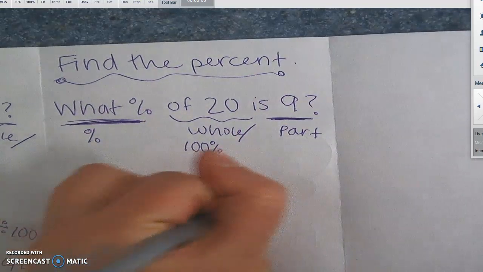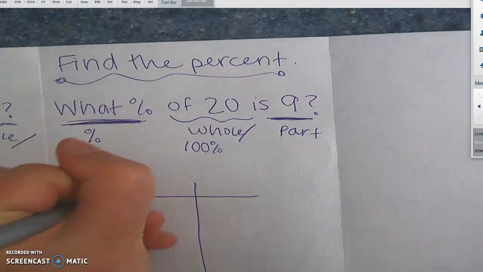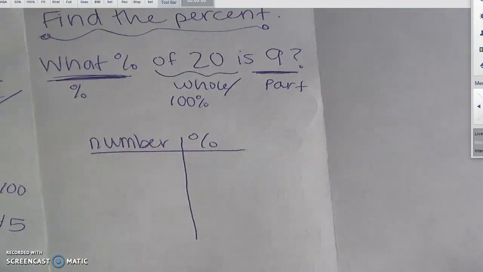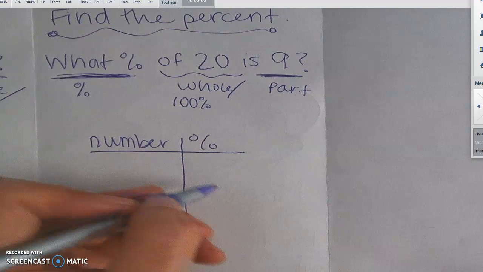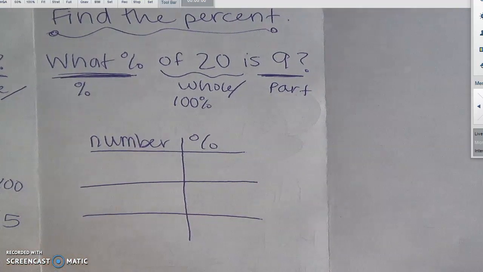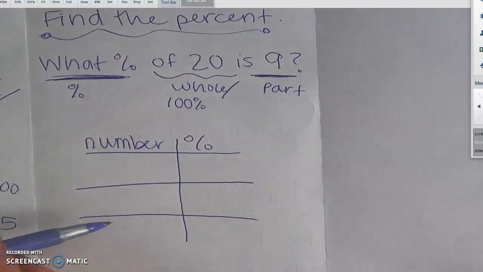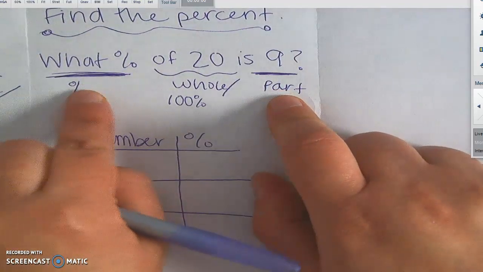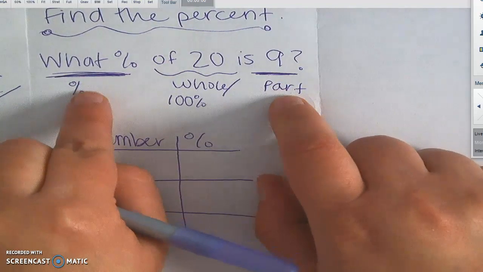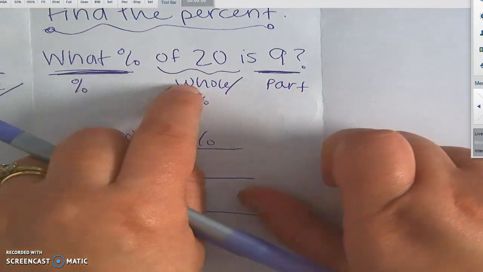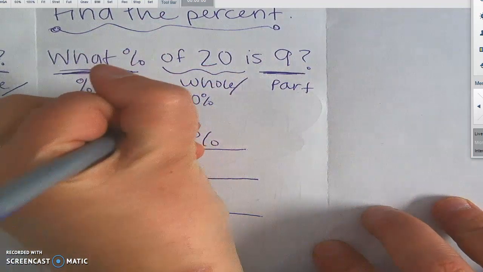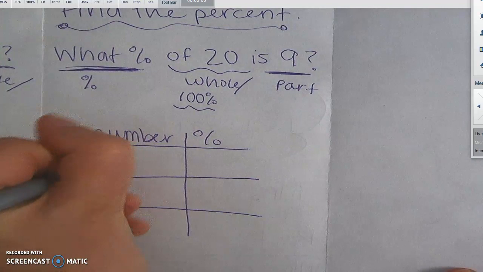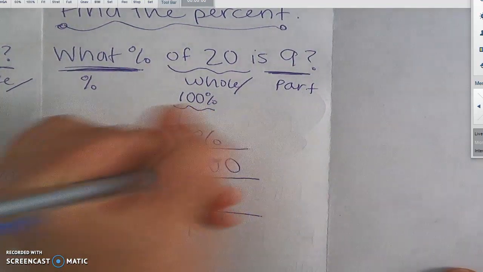Then I make my table. Number and percent. I have to look at what I'm missing and what I know. I don't know the percent that goes with 9. See how I put my part and my percent both as just an underline, and then my whole and my 100 should have a squiggly, those two go together in the table. So I know that 20 is 100%.